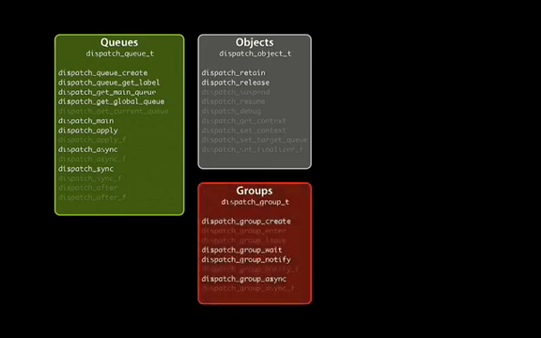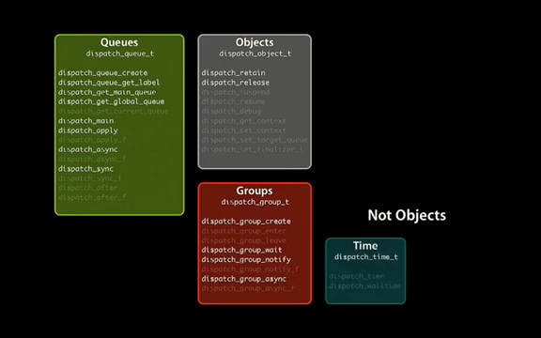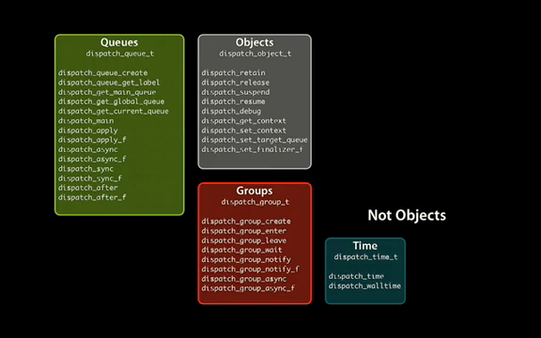We talked about groups, which is a way to group different blocks together and figure out when they've completed so you can move on to a new task. And then we talked about something that wasn't an object. It's the notion that GCD has some timekeeping capabilities.